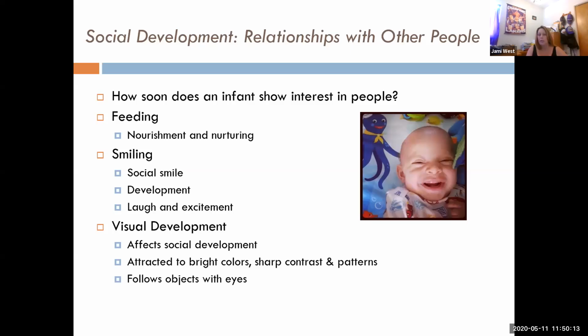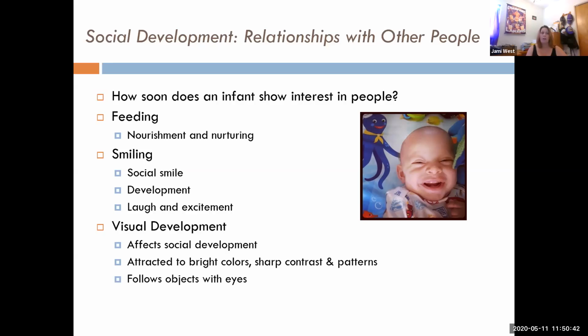How soon does an infant begin a relationship with another person? Immediately. As soon as that eye contact is made, as soon as that skin to skin, okay? We are created relational people. So that starts immediately.